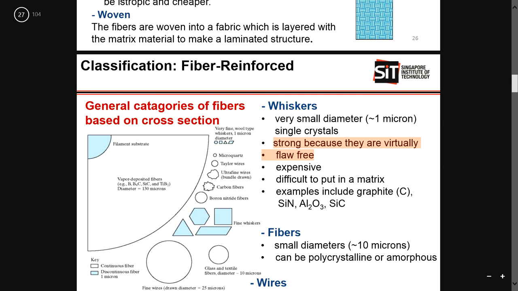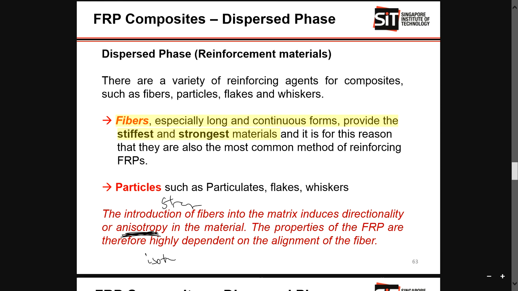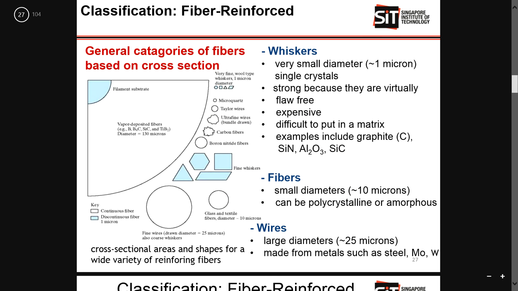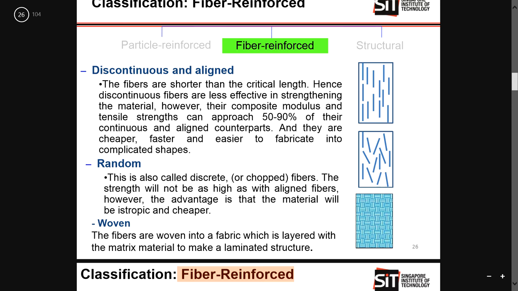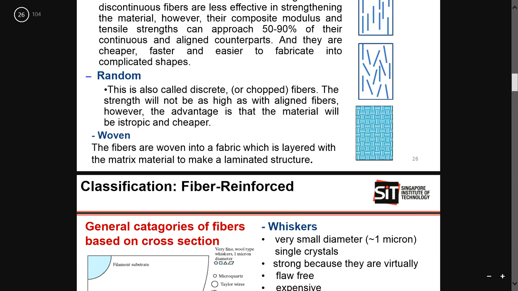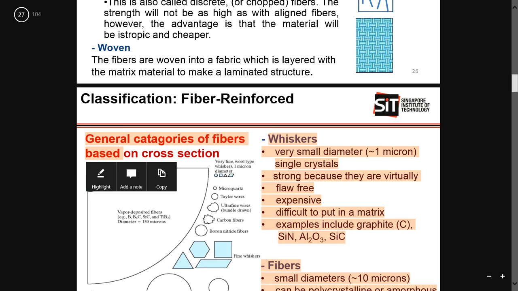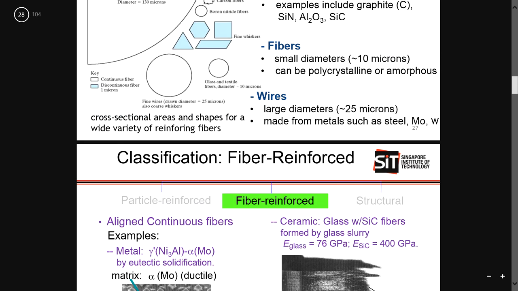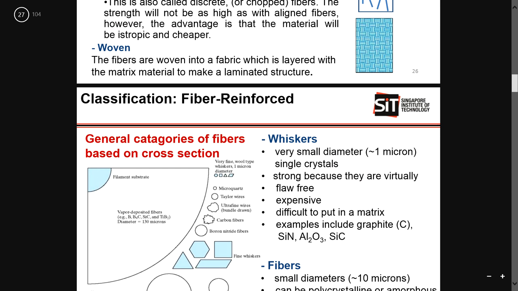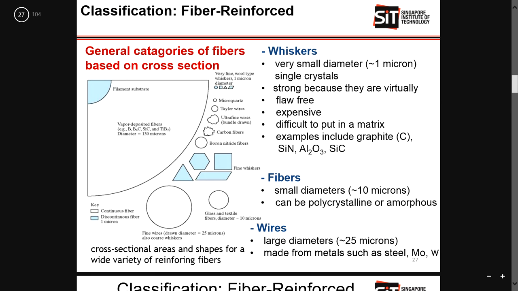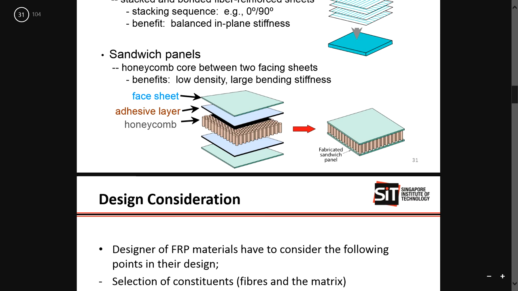Here they say particles are particulate, flakes and whiskers, and here whiskers is under fiber. I don't know why. So let's just treat whiskers as the best one of all. Because it is so small, the diameter is 1 micron, a micrometer. It is very, very small.